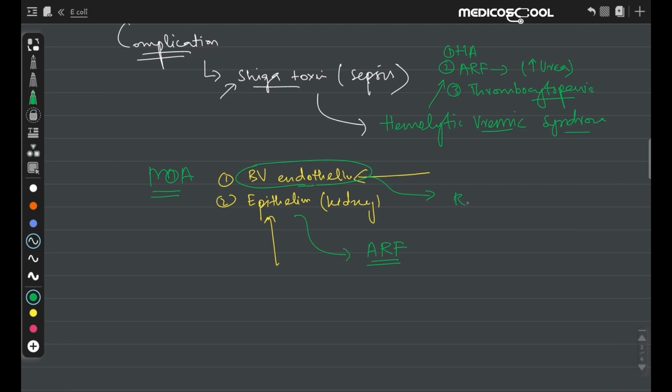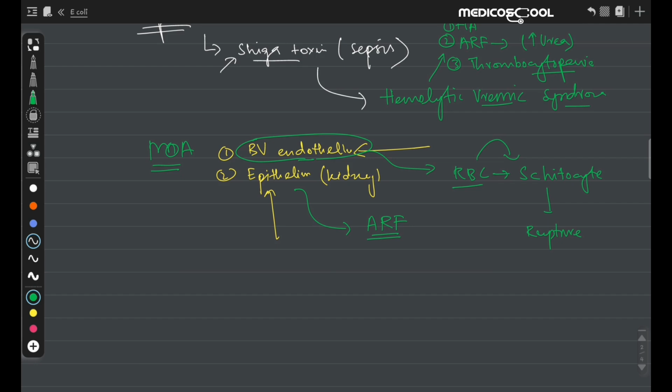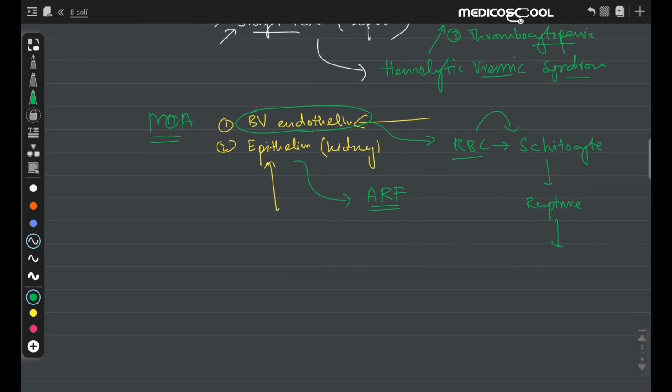When the red blood cells pass through these blood vessels whose endothelium has been damaged by the Shiga toxin, there will be morphological distortion of the RBC, and there will be production of schistocytes from the RBC. When these schistocytes pass through the damaged blood vessels, they will rupture because their membrane is so easily breakable, and this will cause hemolytic anemia.